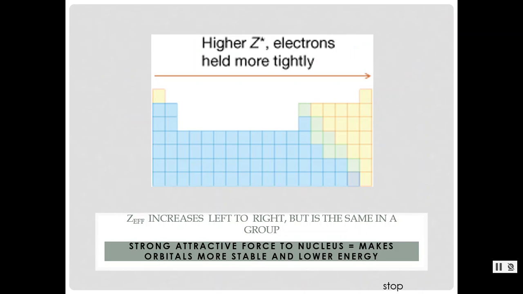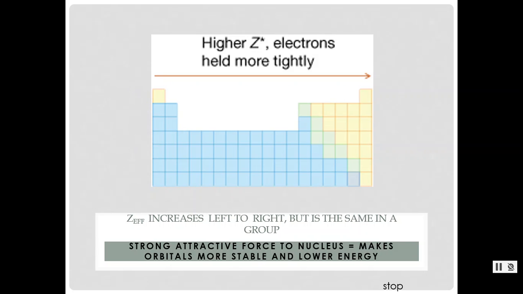So aside from knowing what effective nuclear charge means, you should know the periodic trend for Z star or Zeff, which is that substances that have higher effective nuclear charges hold their electrons more tightly, and that Z star, or effective nuclear charge, increases traveling from left to right across the periodic table, but it remains essentially the same in a group.